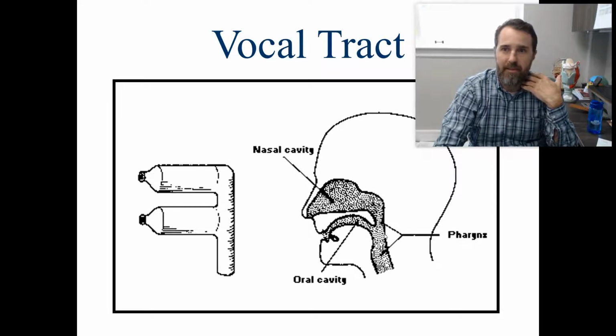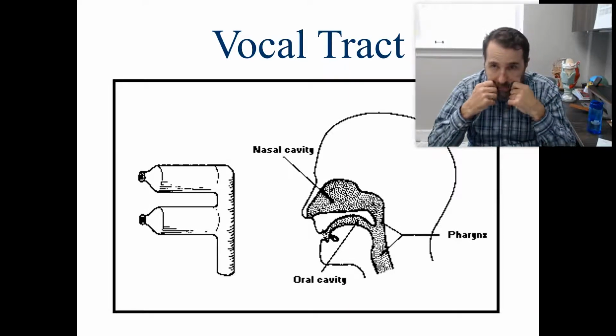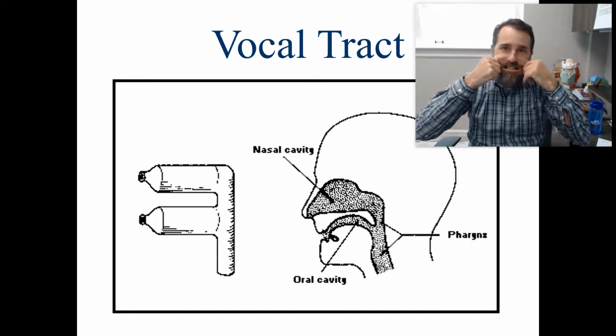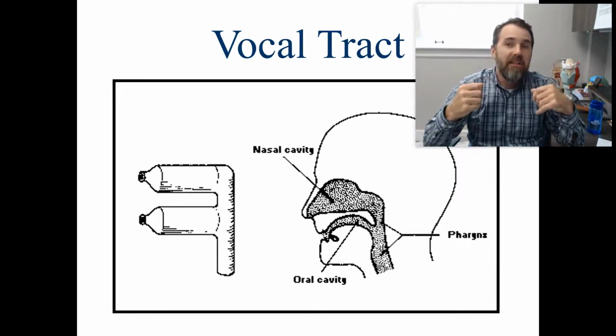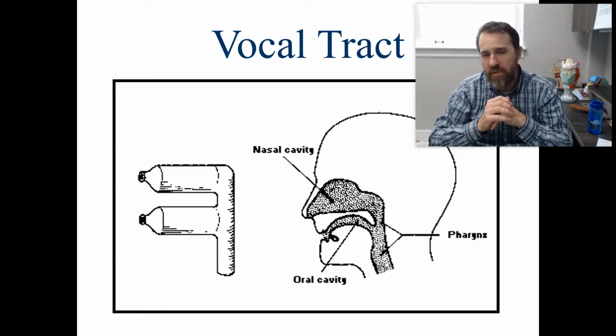I can move my posterior pharyngeal wall as well, and that changes the sound of my voice. I can change the volume of the oral cavity by pulling up my cheeks, and that changes the resonance of my voice, the sound of my voice.